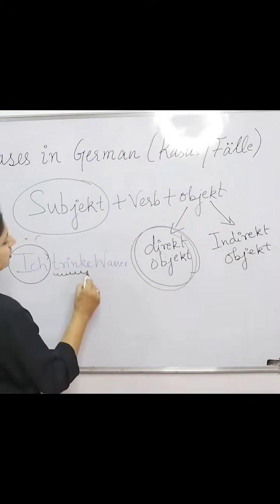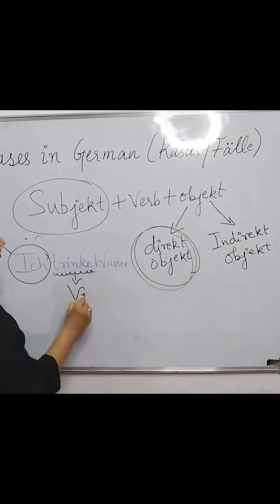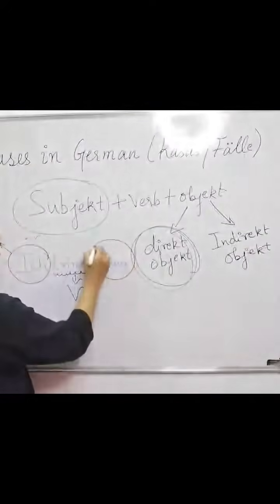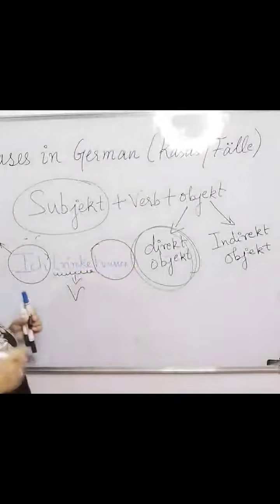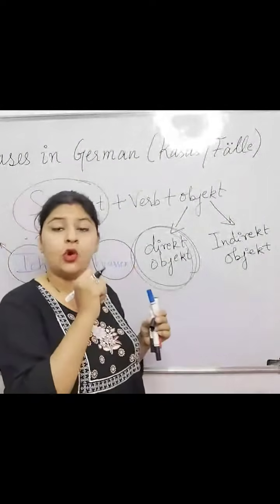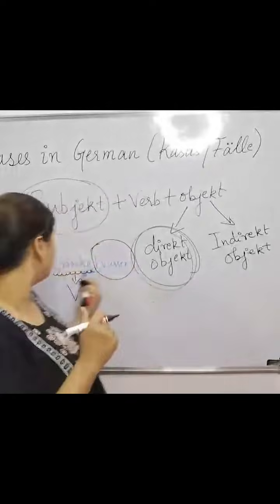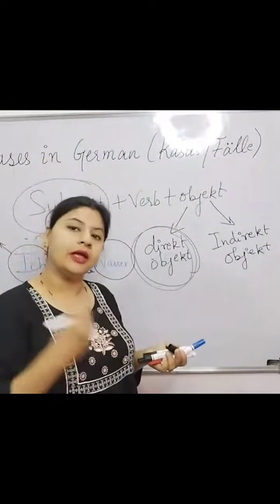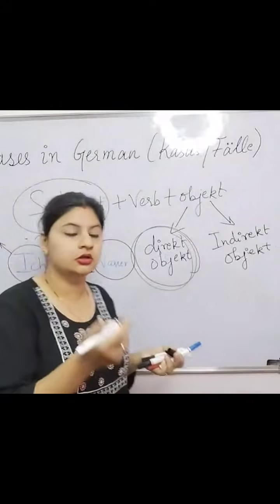Then trinken is our verb. Now we have one object. We are drinking water, or I am drinking water, so I am putting my action on water.